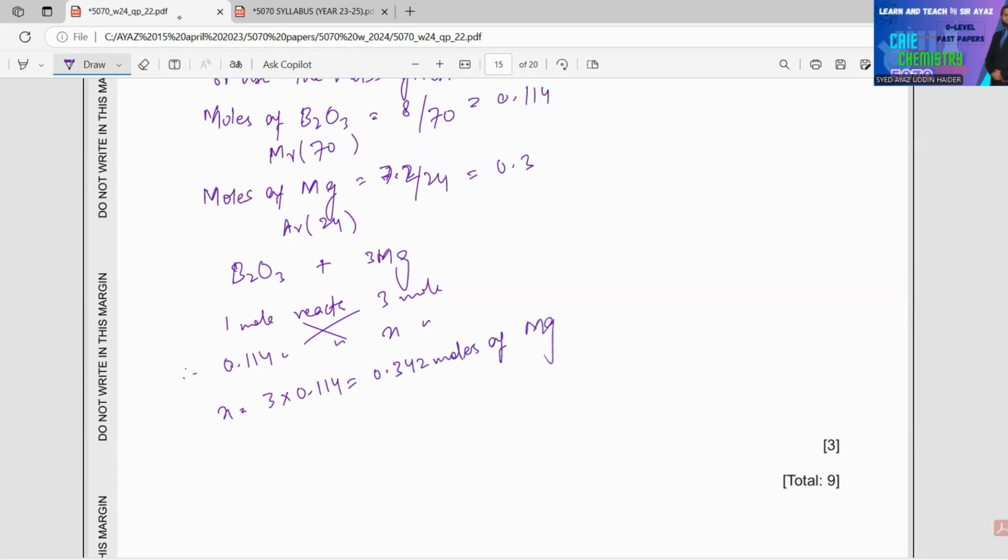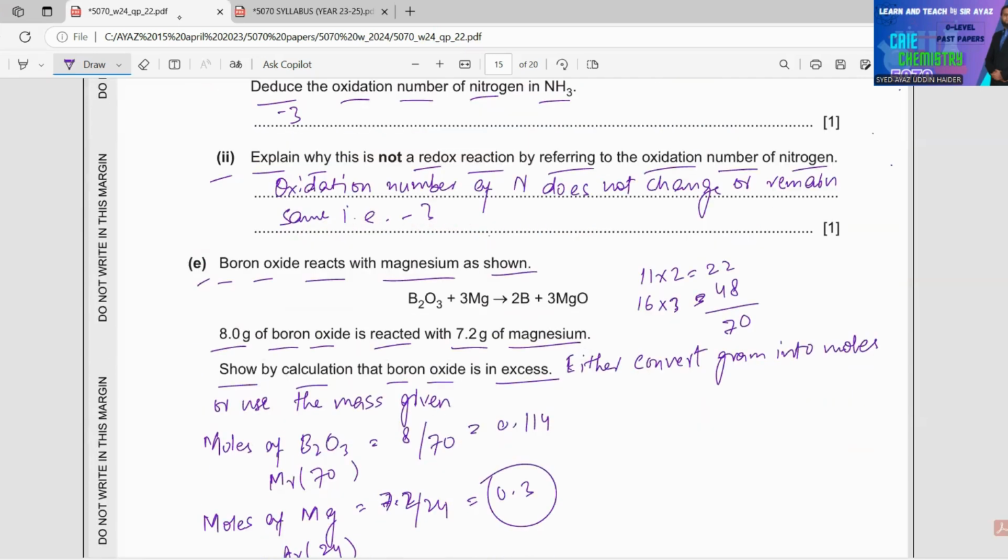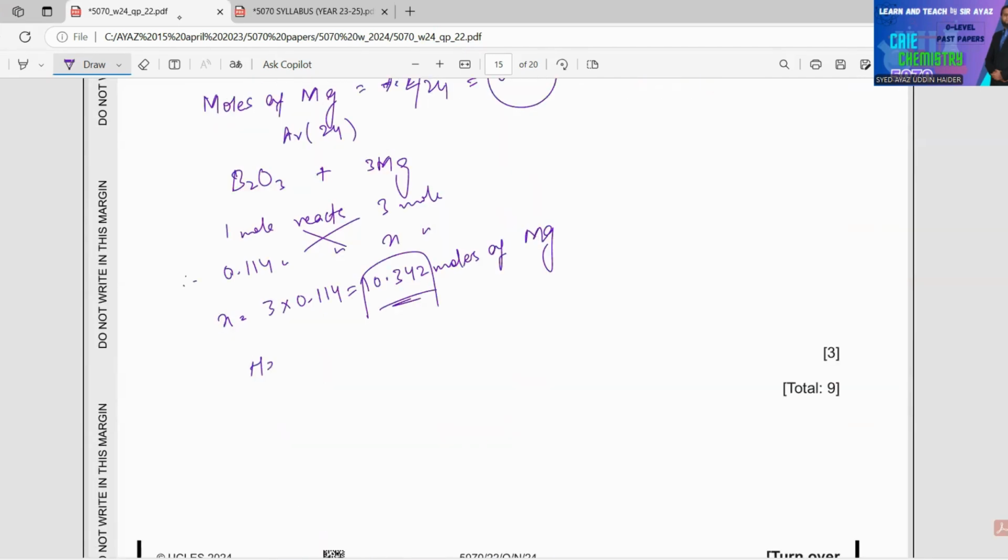Now compare these moles with the moles of magnesium. Here the requirement is high, so we have magnesium as limiting reactant, or B2O3 is in excess, boron oxide is in excess. So you write, hence proved that boron oxide is in excess.